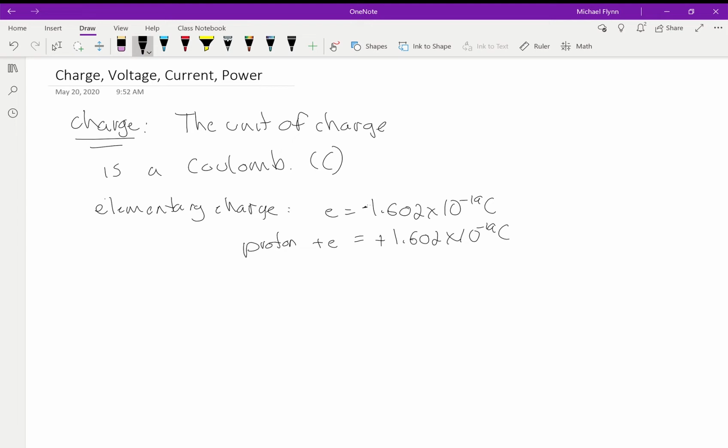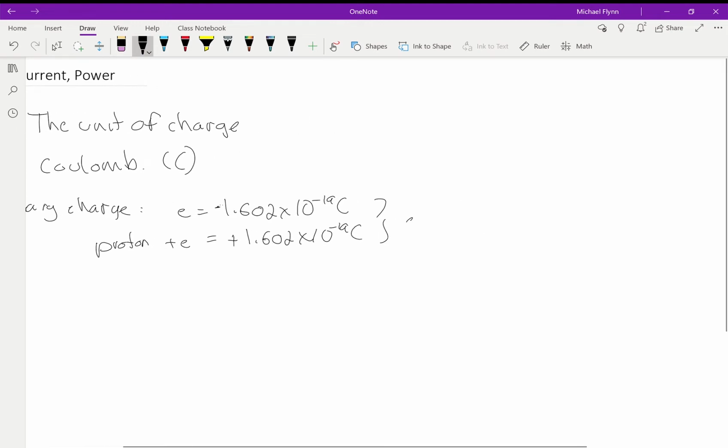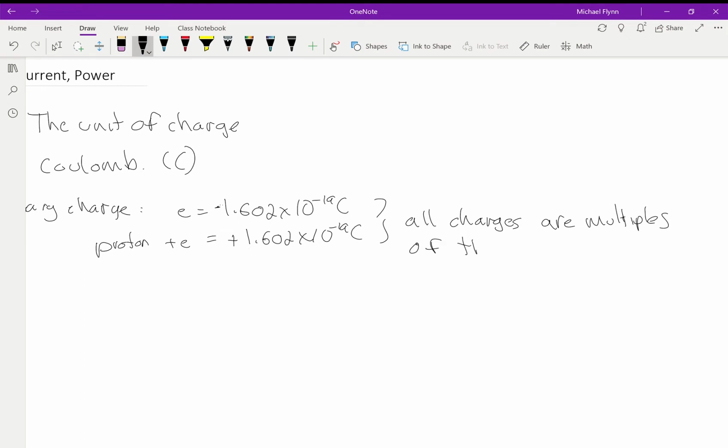All charges are multiples of this charge. What does that mean? The smallest charge you can give something is 1 electron.